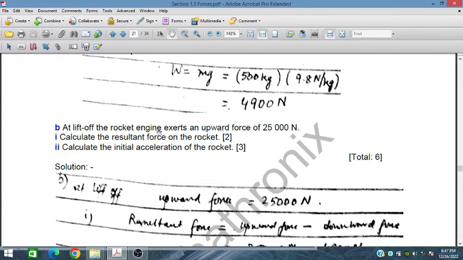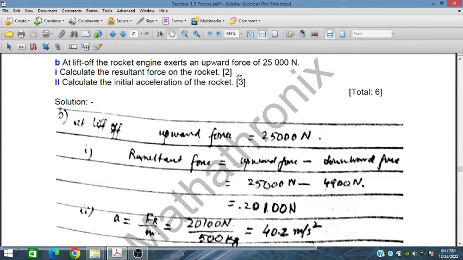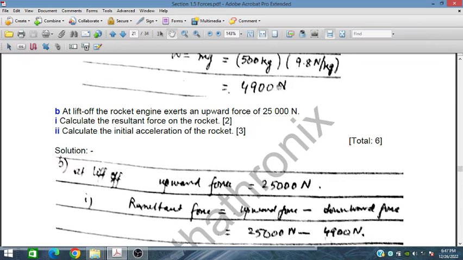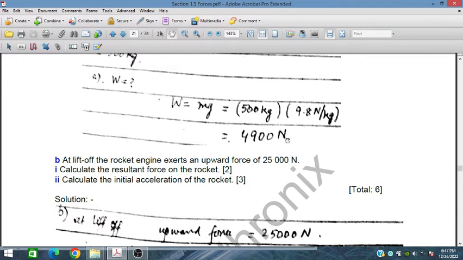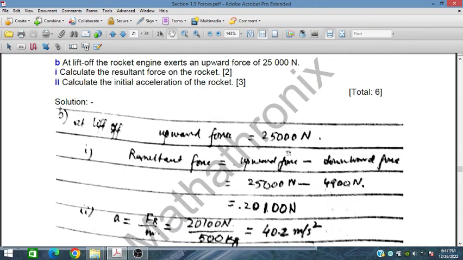As it lifts off, the rocket engine exerts an upward force of 25,000 newtons. Calculate the resultant force on the rocket. Calculate the initial acceleration of the rocket. The upward force is 25,000 newtons. The resultant force is upward force minus downward force. The downward force is 4900 newtons, the weight of the rocket.